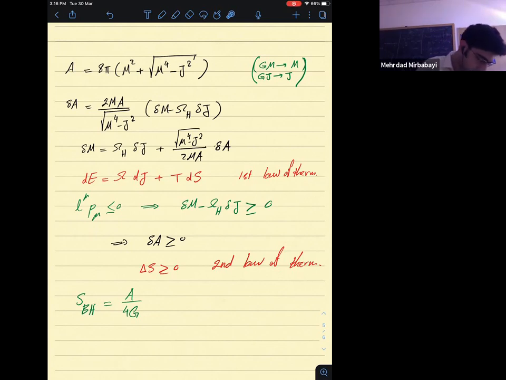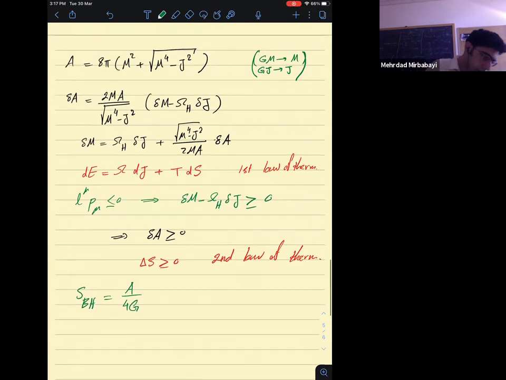So yeah, here, of course, I showed this delta A positive in a very, very particular case, right? Just for the Kerr black hole. But this is important, I should have mentioned: there are area theorems.